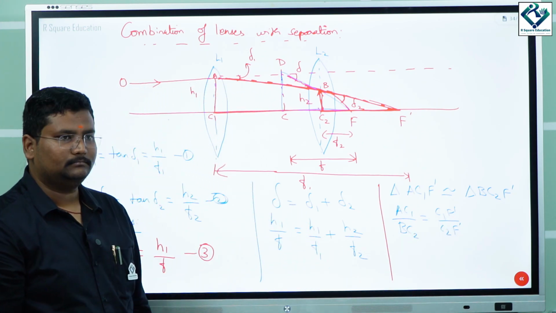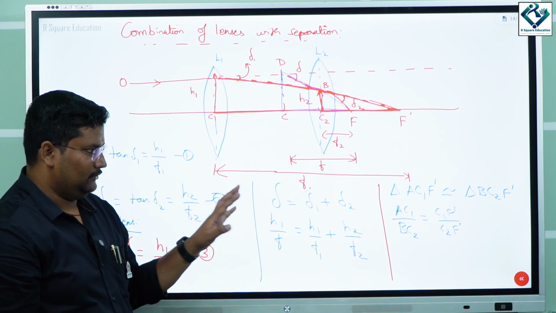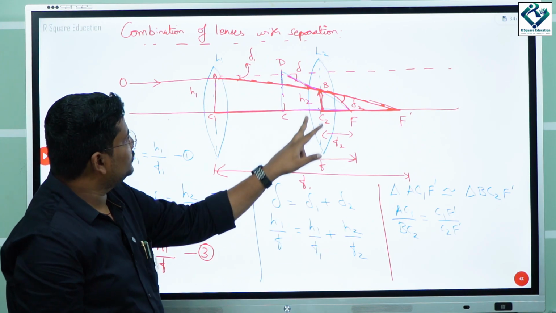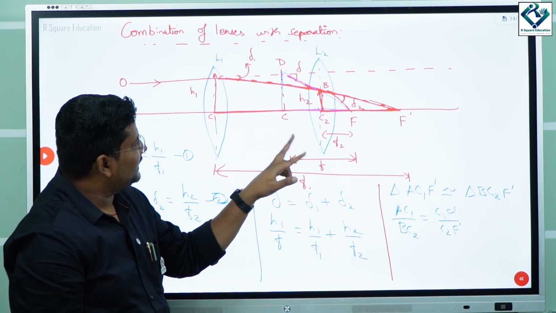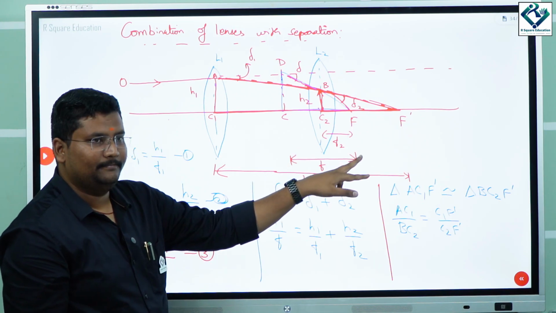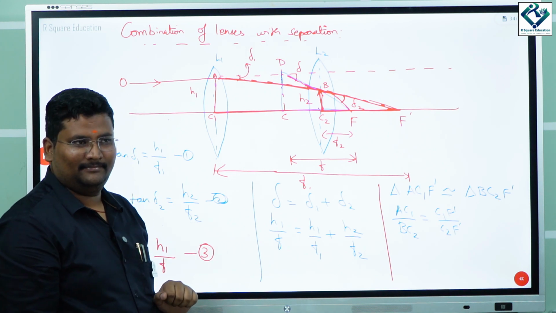Correct? Yes? Okay. What do we know here? AC1 is H1, we know. BC2 is H2, we know. C1F dash, do we know? F1. C2F dash, do we know? We don't know.